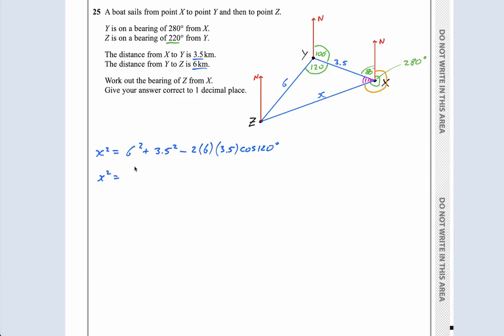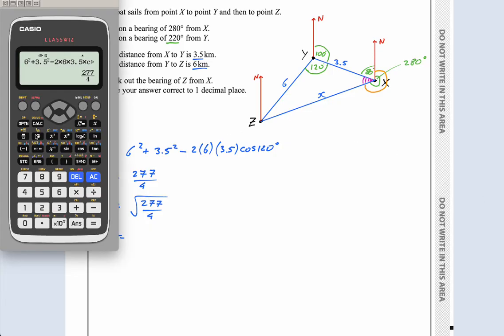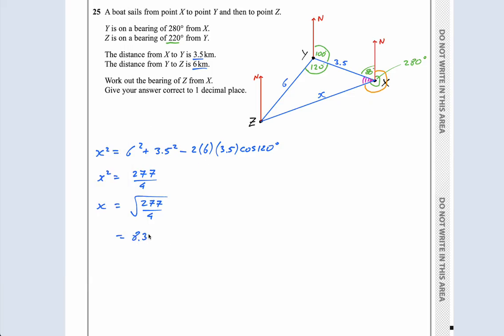Let's just leave it like that. X is then the square root of 277 over 4. I do square root answer, and I get 8.32166. Note, I'm going to keep about 6 significant figures, not one decimal place, because although it says one decimal place here, we'll round our final answer to one decimal place.